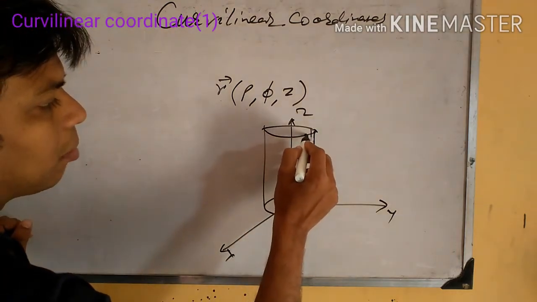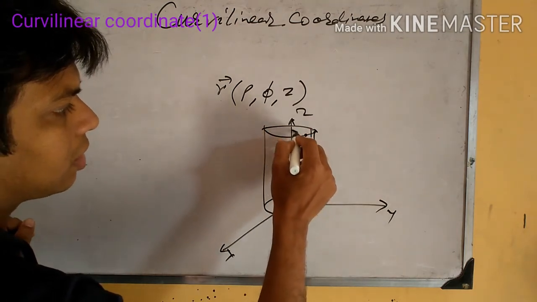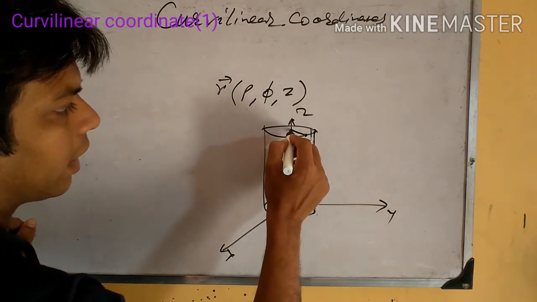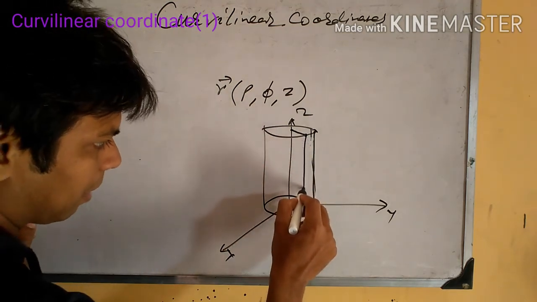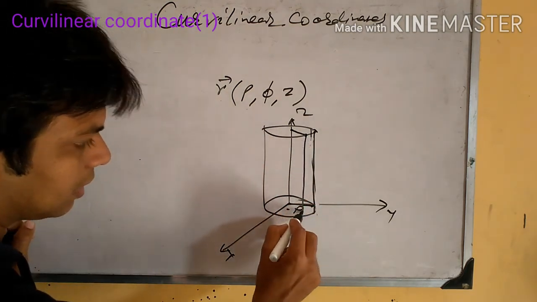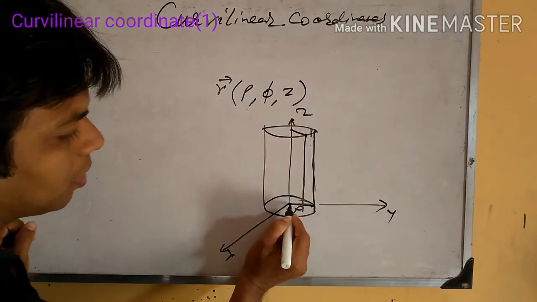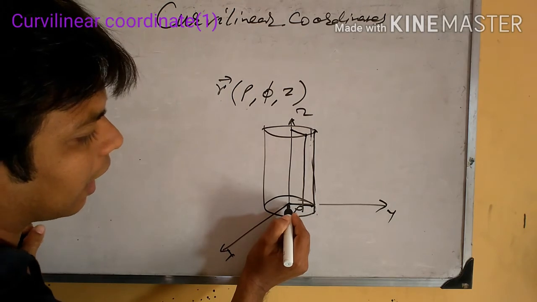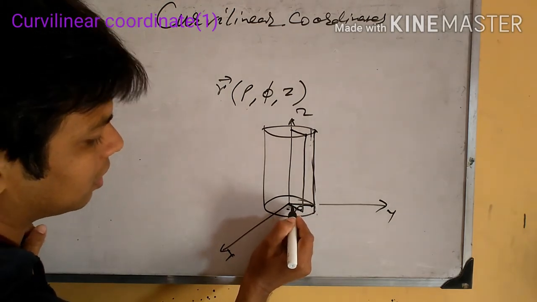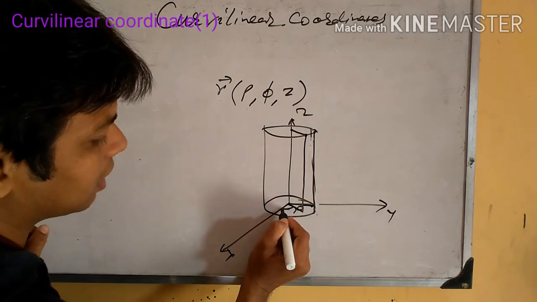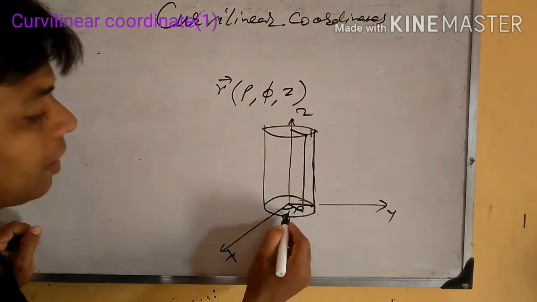Take a point on the circular cross section, and the foot of the perpendicular goes to the xy plane, or the base plane, and then the line from the origin makes an angle with the x axis, that is the angle phi.